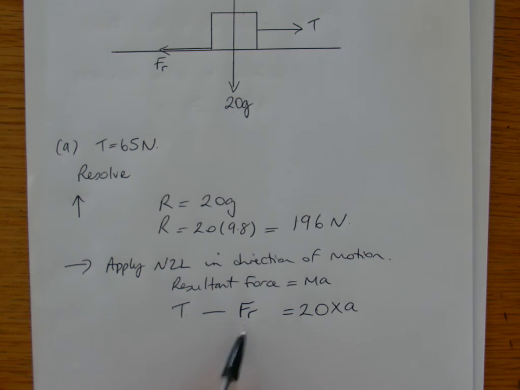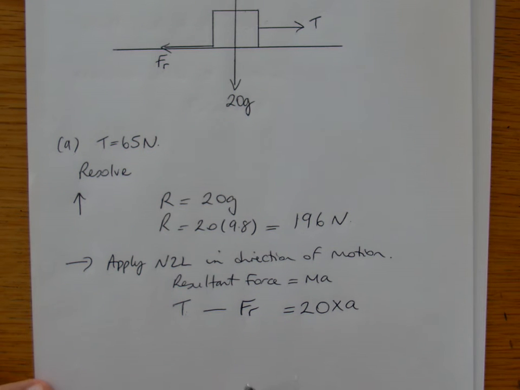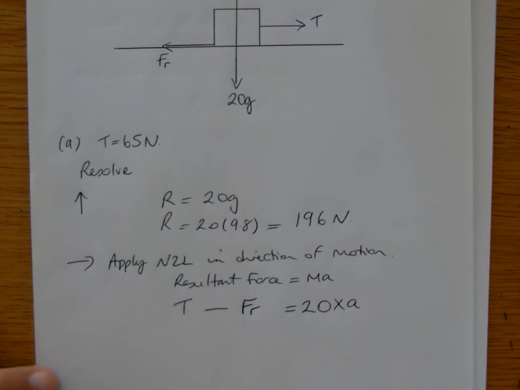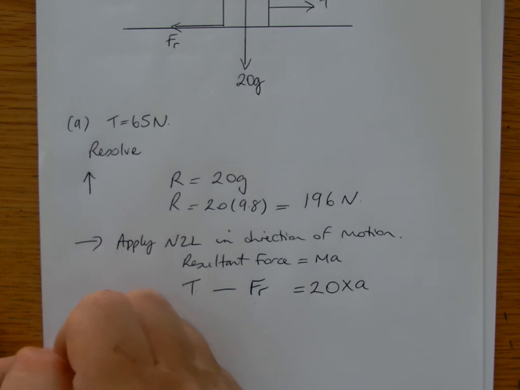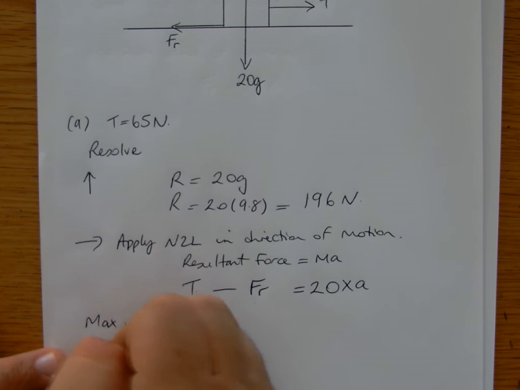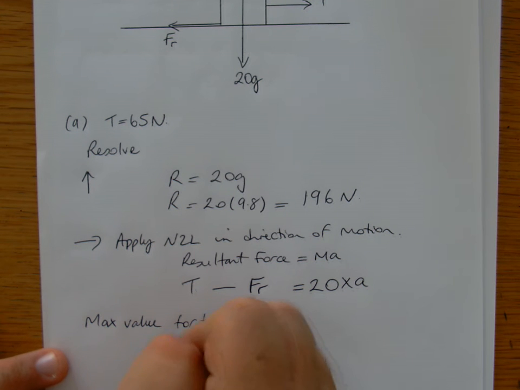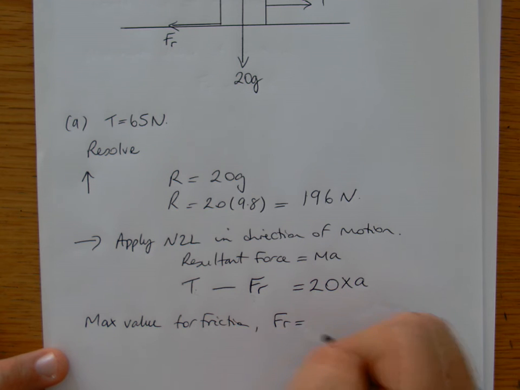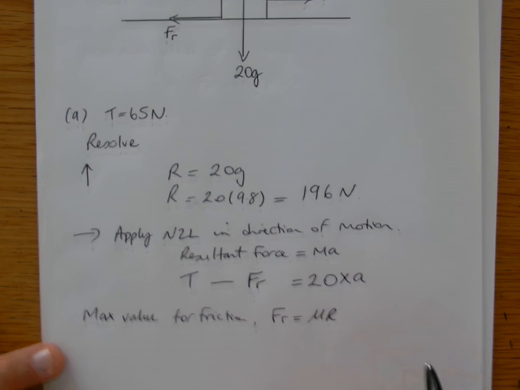We know T is 65 in part A. We don't know what friction is, but we can work it out. The maximum value is going to be applied for friction, because it's moving. So the max value for friction will be mu R. Remember that formula.